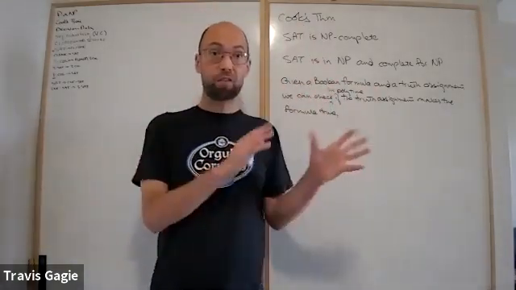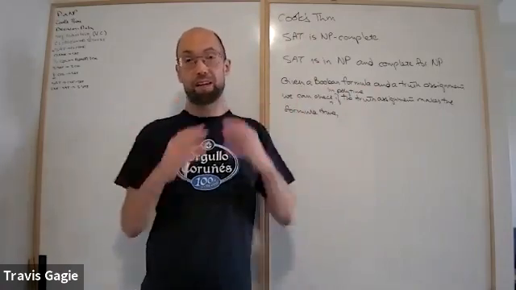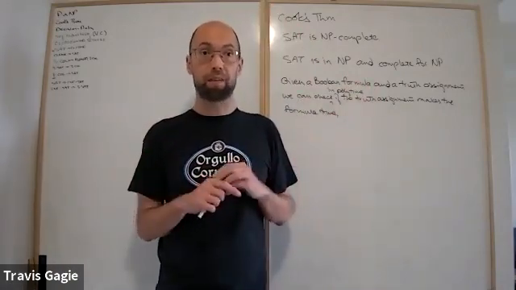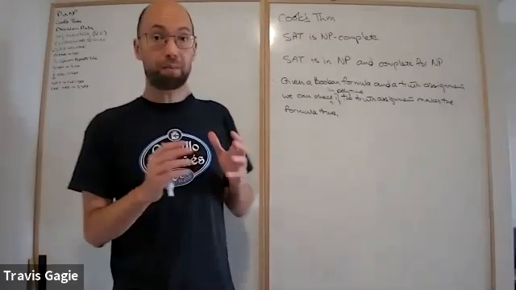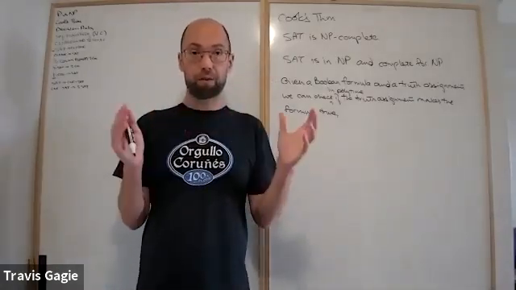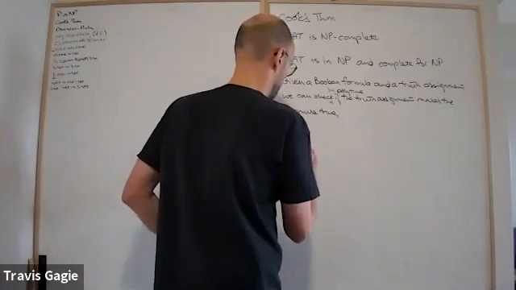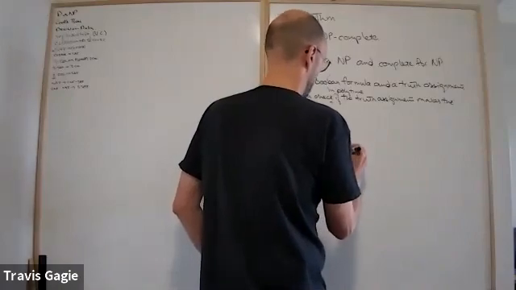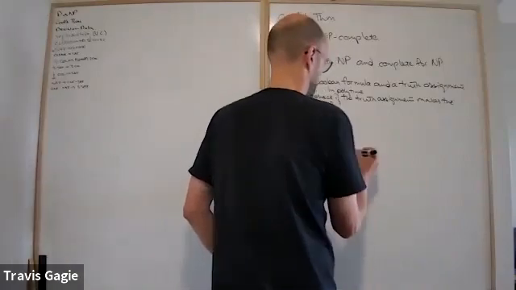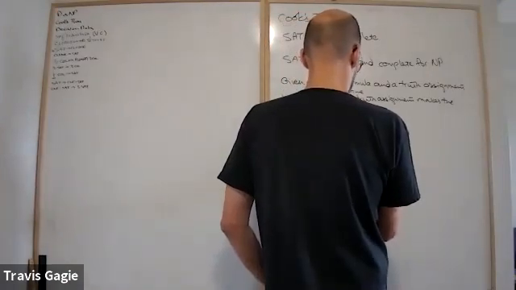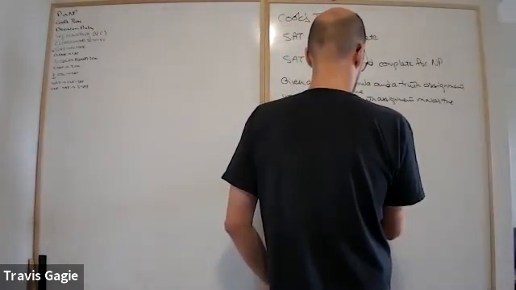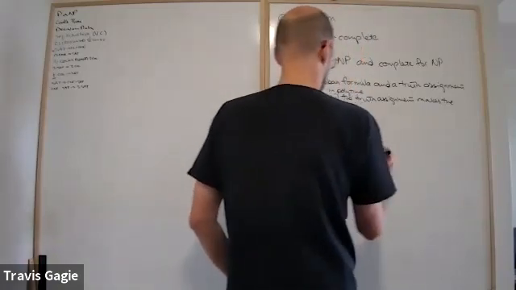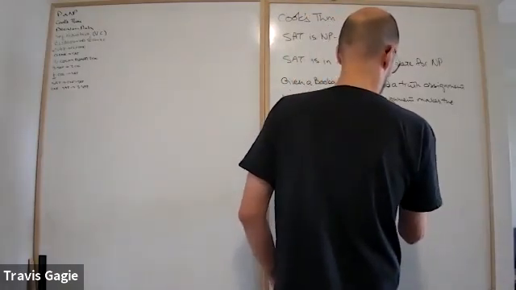SAT is the language of satisfiable Boolean formulas. So if somebody gives us a Boolean formula, which you know as like P and Q or R and not S or Q, all and S, something like that.